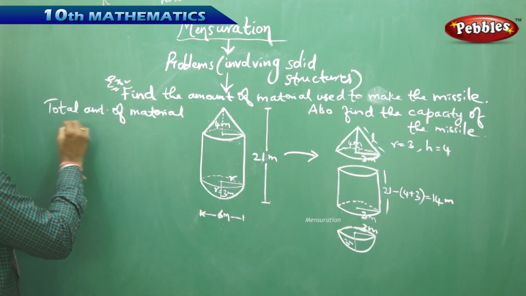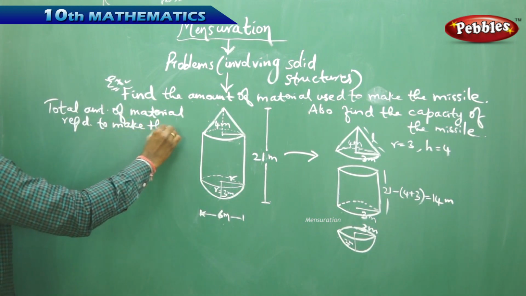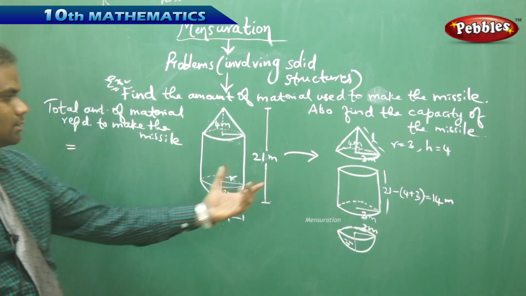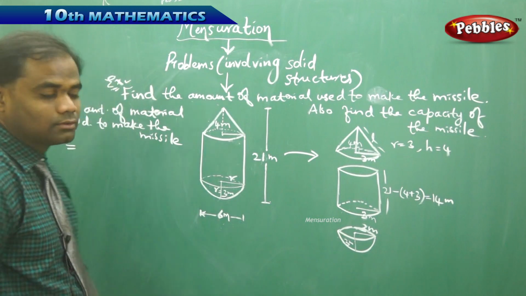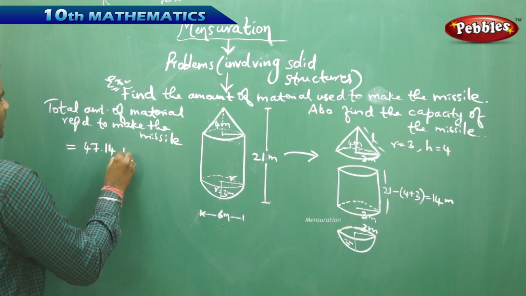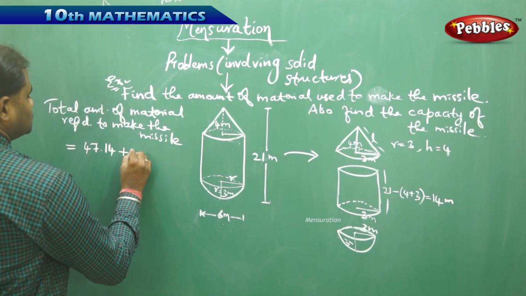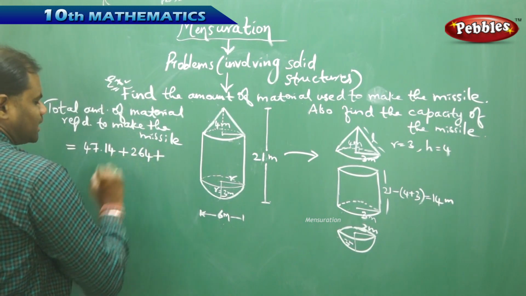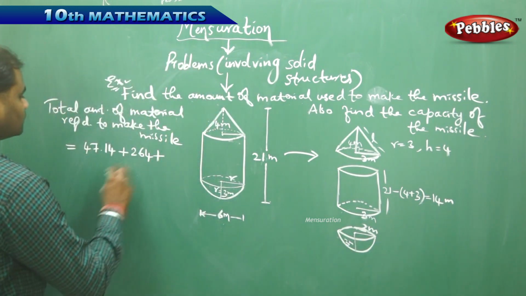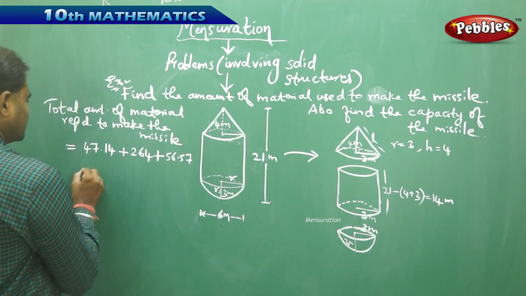Total amount of material required to make the missile is nothing but the surface area as obtained for the cone, 47.14, and the surface area of the cylinder, which we obtained as 264 meters square, and then the surface area of the hemispherical region, the third region, which we obtained as 56.57, is what we get in addition.